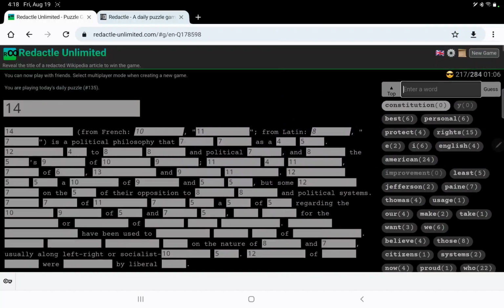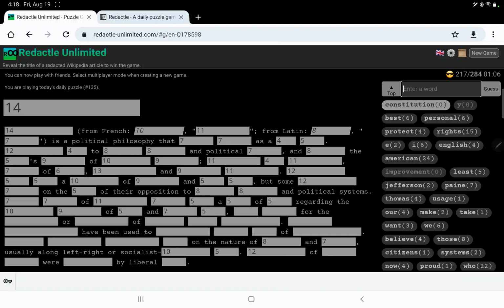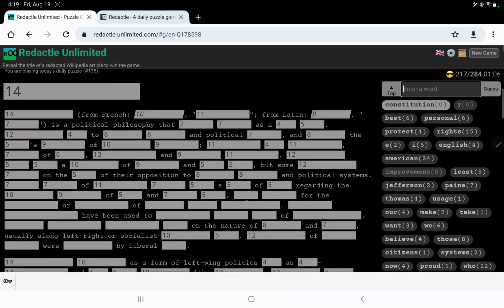All right, well, I'm over an hour at this stage. So it's from the Latin 8, meaning 7, a political philosophy that something.